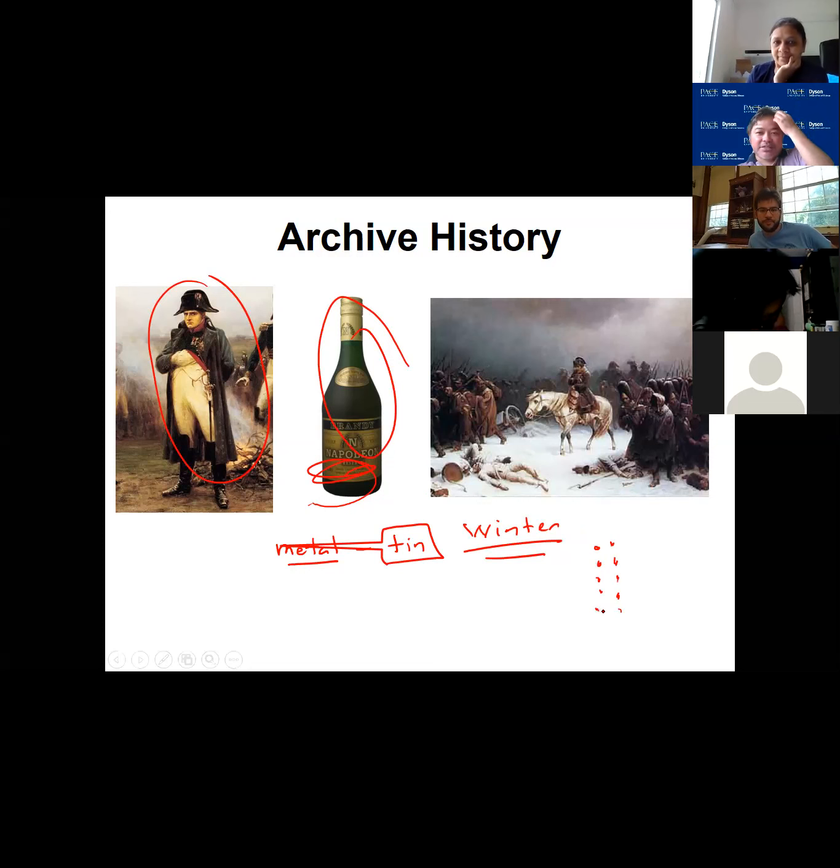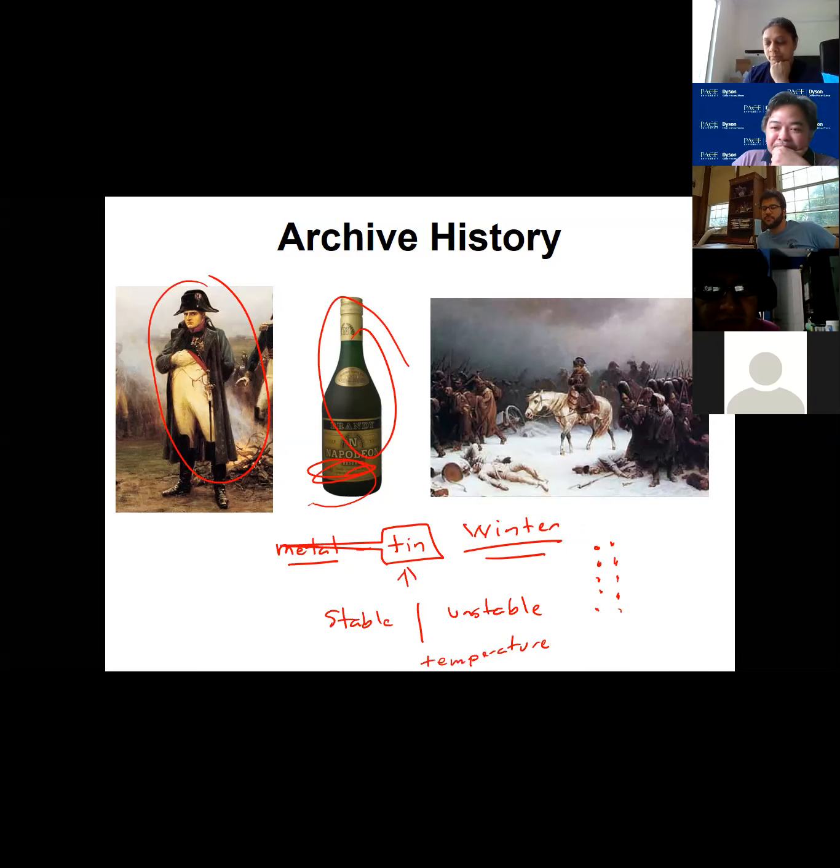Now, what's the problem? If Napoleon won his battles in Giza with science, he lost his campaign in Russia also with chemistry. Why? Because tin has two forms. They have the stable tin and the unstable tin. And what separates the two? Temperature.